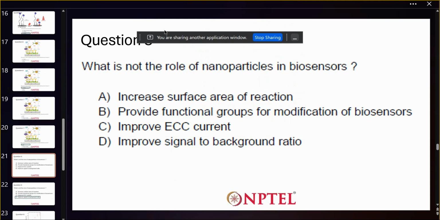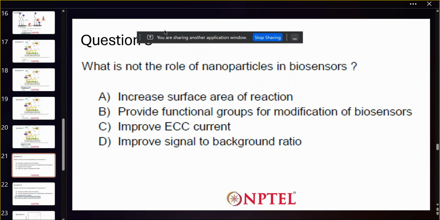This is a very complicated question because you may have seen nanoparticles being used for most of these activities in the previous weeks. What we are asking here is what the nanoparticle is used for.